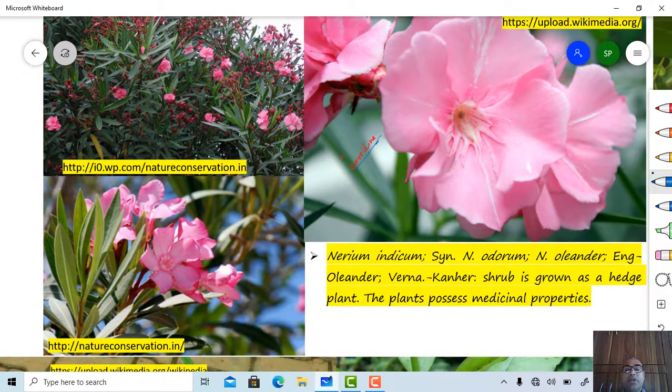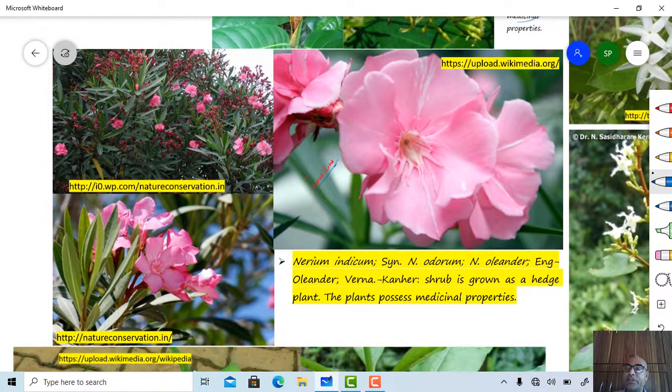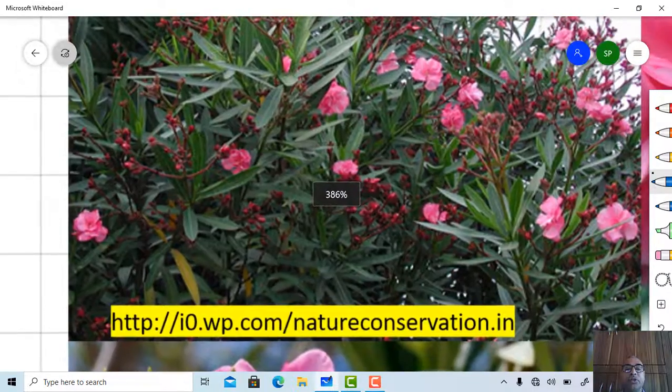See, this one is Nerium indicum or Nerium odorum or Nerium oleander, the English name being oleander. The vernacular name is Kanher plant. It is a shrub, grown as a hedge plant, and the plant possesses many medicinal properties. Just see the habit of the plant.